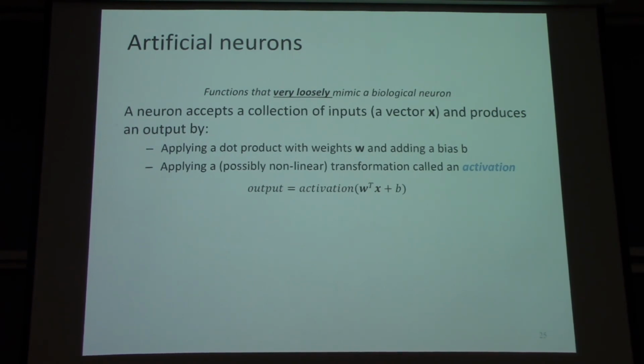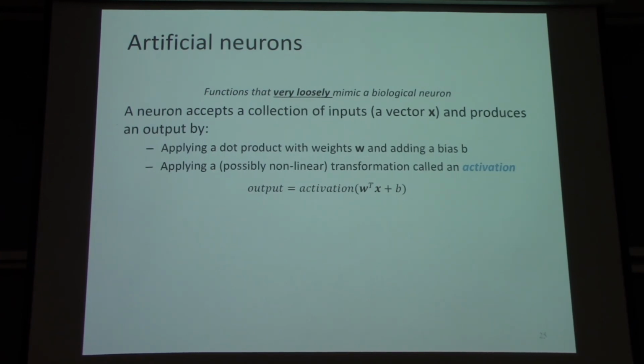The way the artificial neuron works is you take an input, a vector, you take the dot product of that input with a set of weights that the neuron maintains. Add a bias that the neuron maintains, so you get W transpose X plus B, and then you apply something called an activation function.